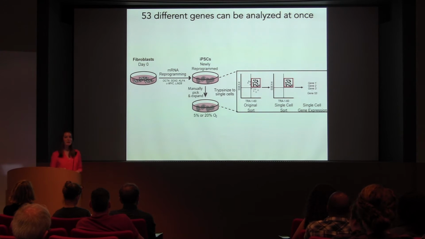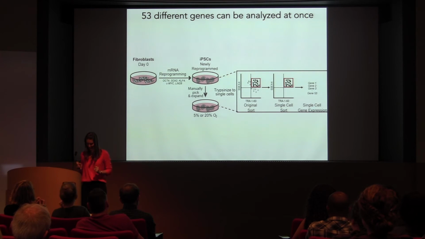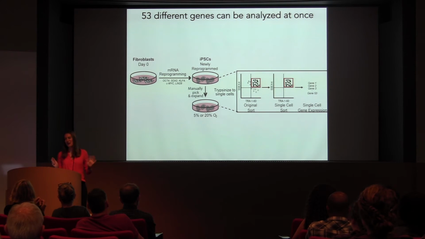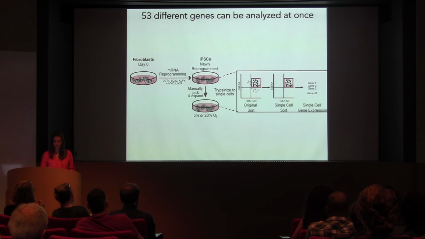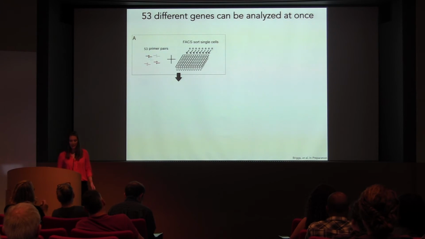But instead of just looking at 4 genes or a few genes of interest, we're actually able to look at 53 different genes in each one of these single cells to try to get a better picture of what's going on at a, I was going to say global level, but anyone who's a computational biologist or genomics person would say that's not global. Taking a slightly larger picture of what's going on in these individual cells. And so I just want to walk you through exactly how we look at 53 different genes in one single cell.